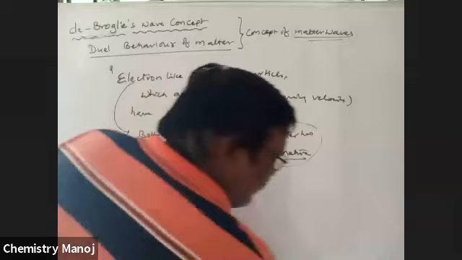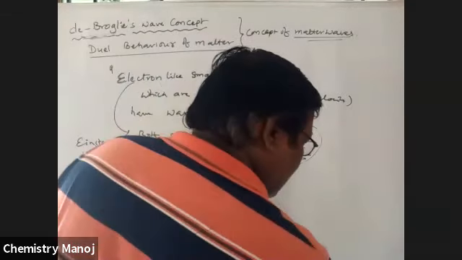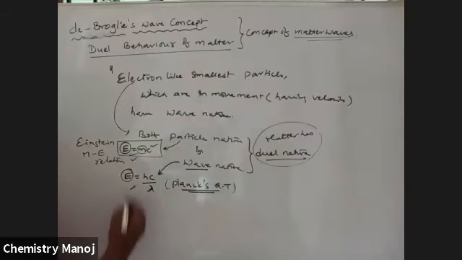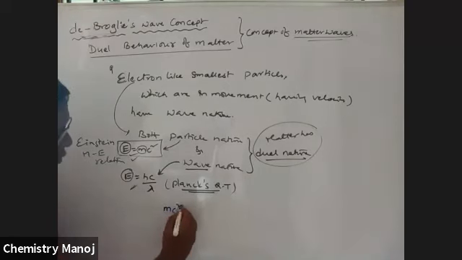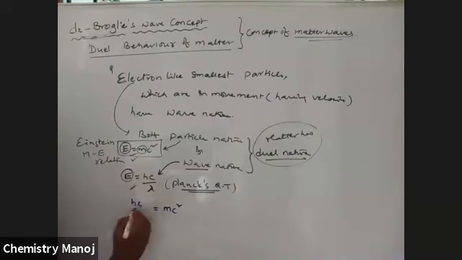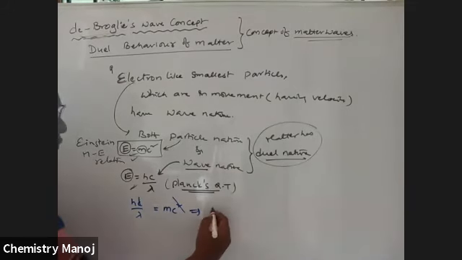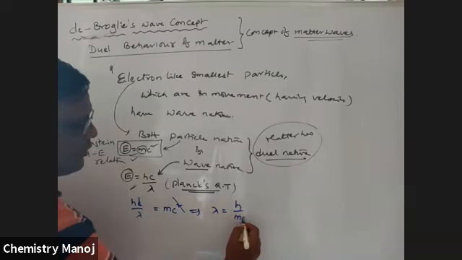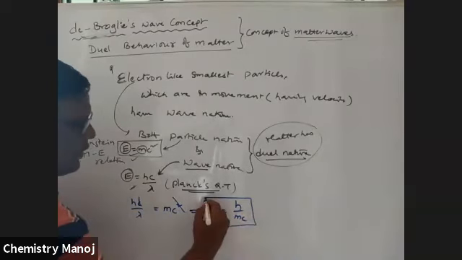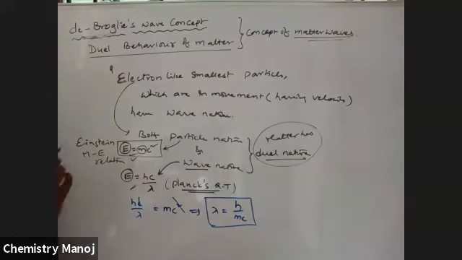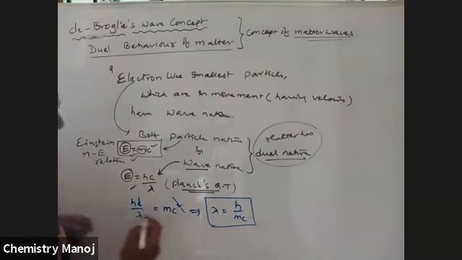Therefore, mc squared is equal to hc by lambda. So c gets cancelled, and wavelength lambda is equal to h by mc. It is an equation having both particle nature and wave nature.